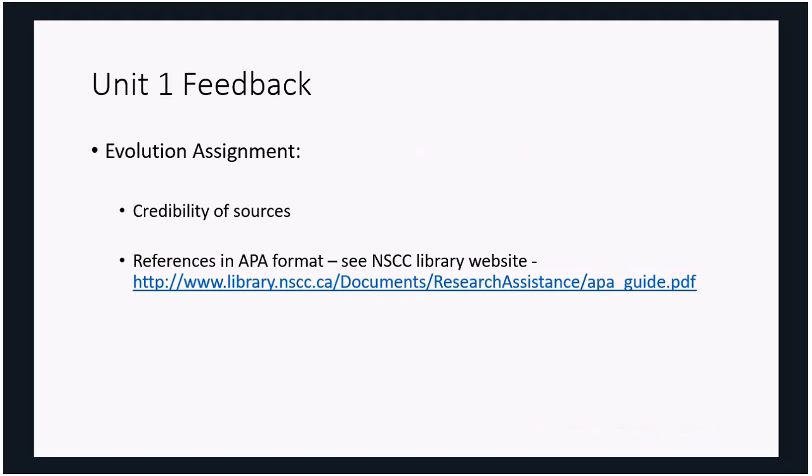I've also included it in our reference section in D2L. That includes good referencing, not plagiarizing, and using in-text citations, so that when you write something, it points directly to which reference that statement came from.